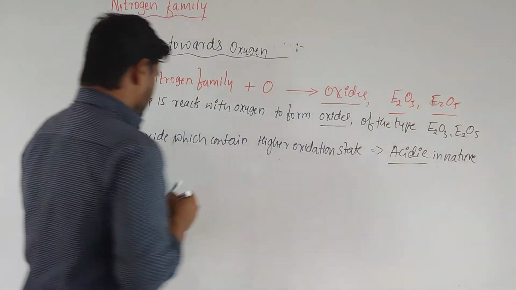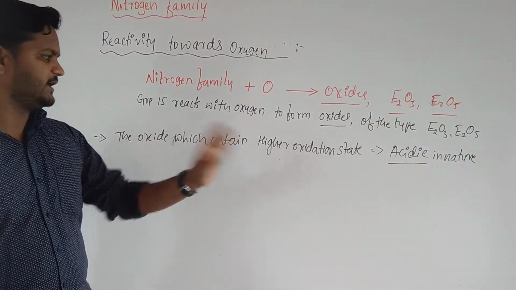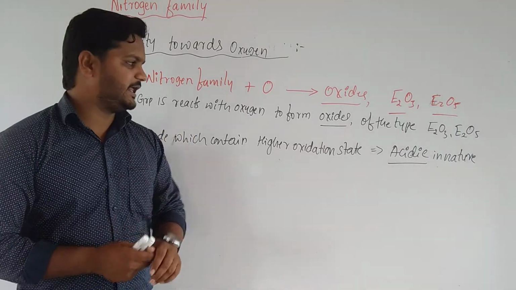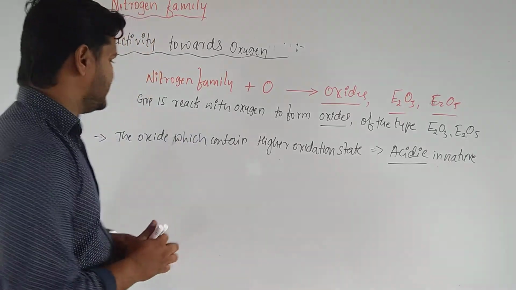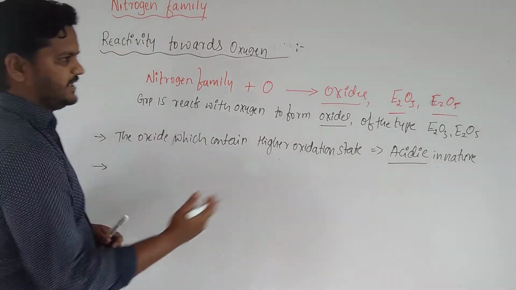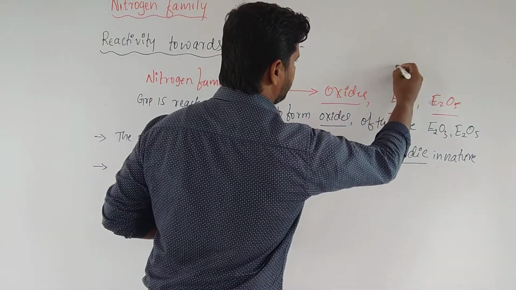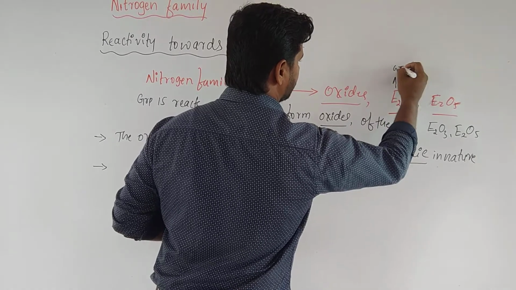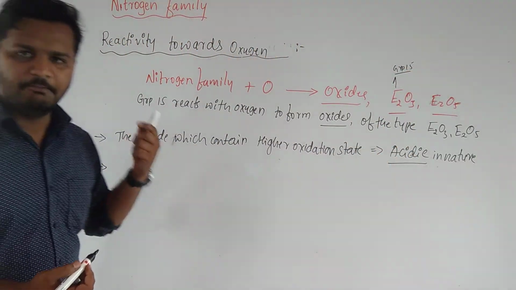Here, the oxide, E2O3 or E2O5, that contains the higher oxidation state is acidic in nature. Here E is a group 15 element. It may be nitrogen, phosphorus, arsenic, antimony, or bismuth.